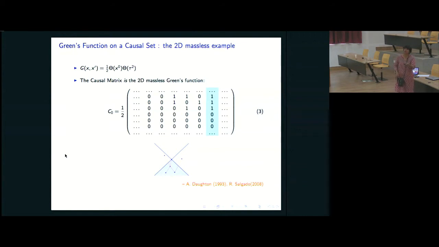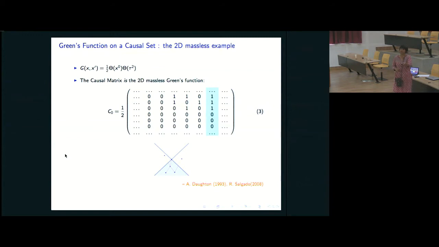We've set all the lower diagonal elements to 0, as well as the diagonal elements, because we don't allow a point to precede itself, depending on the convention, of course. Every row corresponds to some x, and every column to some y, and you put a 1 if one precedes the other, okay? So this column, for example, which is the 6th column here, corresponds to this point, which has 3 events in its past.